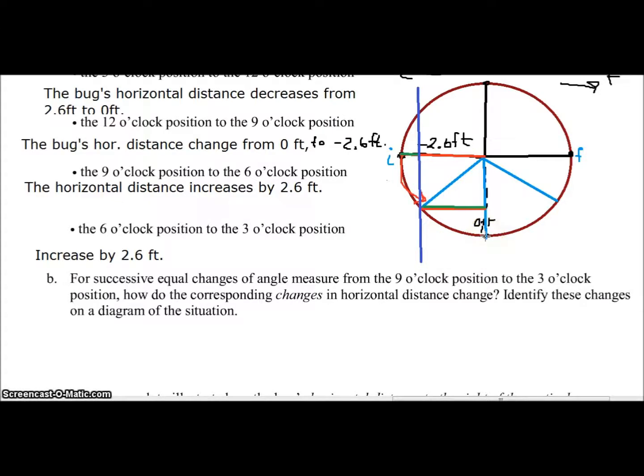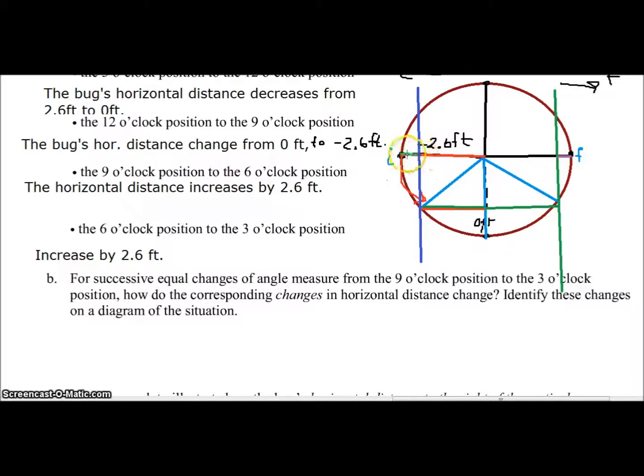Next, if I go from this point to this point, we have a similar change in distance. But then that final change in distance is actually very small, this purple distance here. Notice that we're changing by the same angle amount each time.